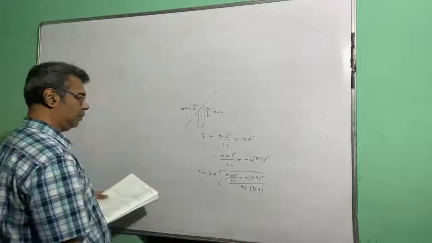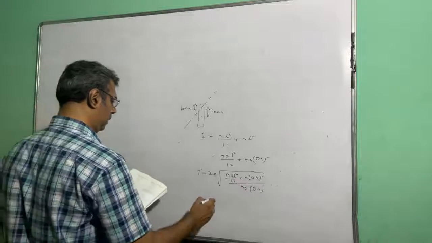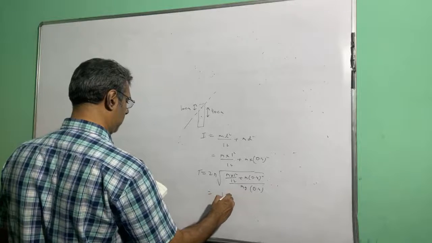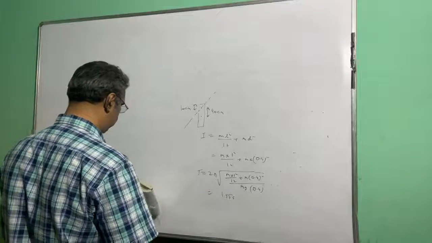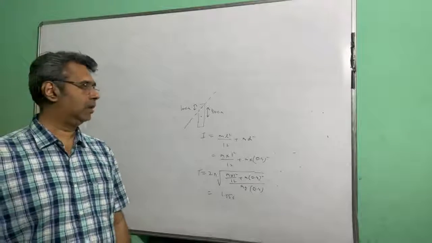The distance is 0.4, right? And this will give you the time period. You'll find that m is getting cancelled out, and if you calculate it will come to 1.55 seconds. So this will be the answer.